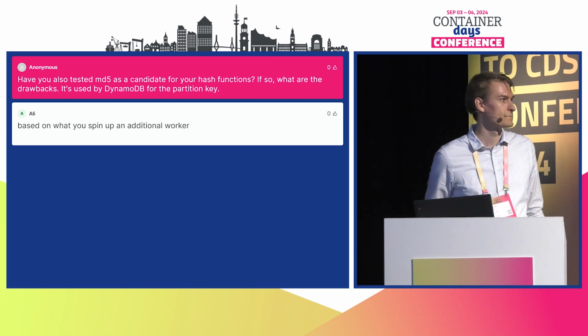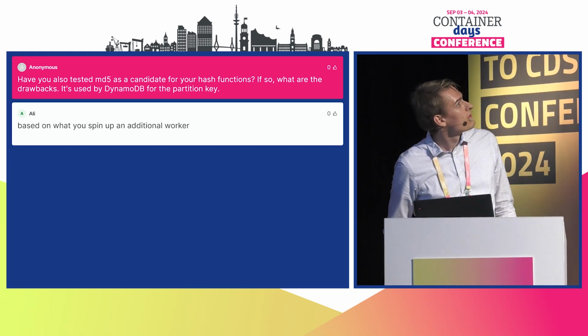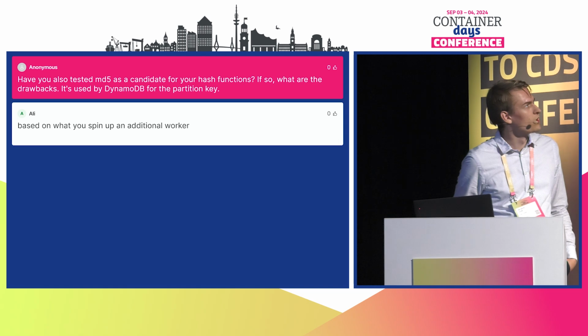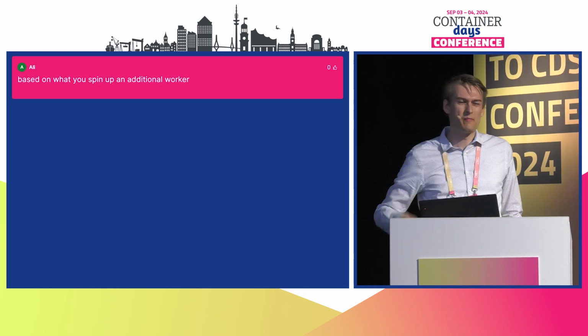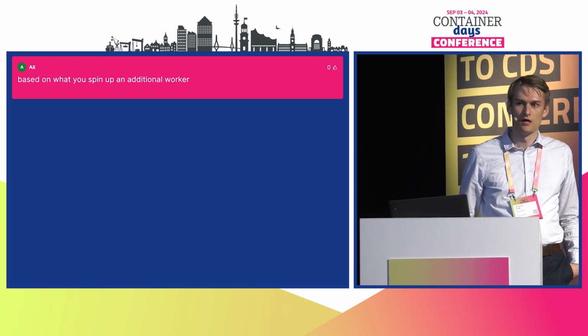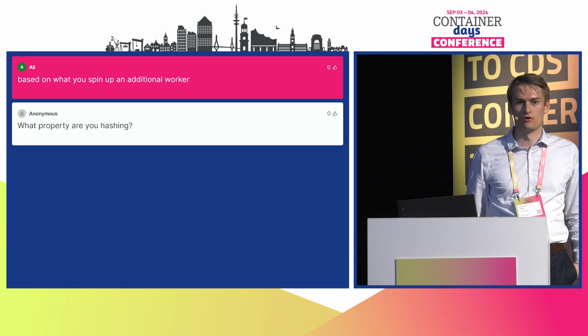And then there's one more last-minute question that came in, and the question is, based on what do you spin up an additional worker? So workers are not spun up. We basically do not spin up new controllers currently. That would be a valid approach to also auto-scale those based upon the load.